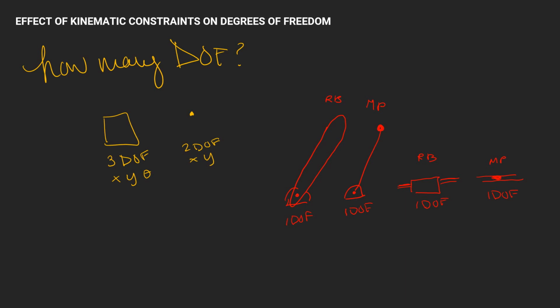Another common example of a component you might see, maybe instead of something sliding on a surface, you have a disc or a ball that's rolling on a surface. In this case, you have 2 degrees of freedom because you need to know the location of the center of this wheel or disc.